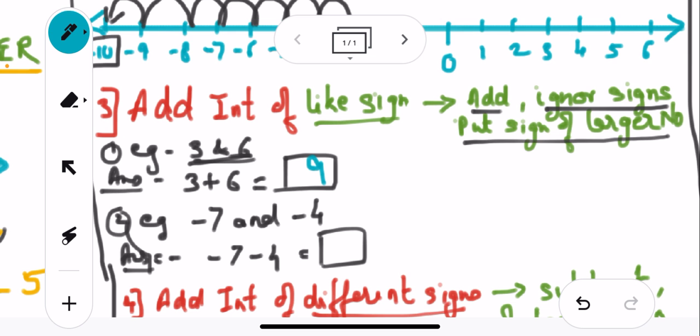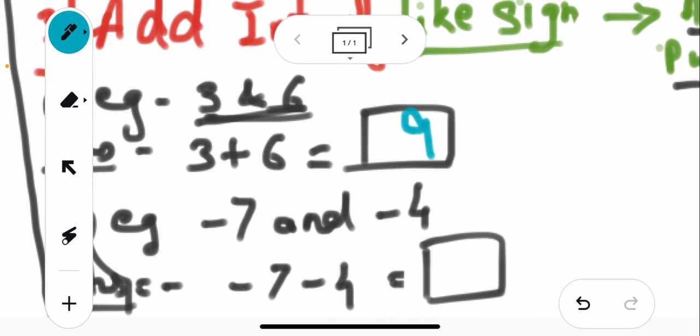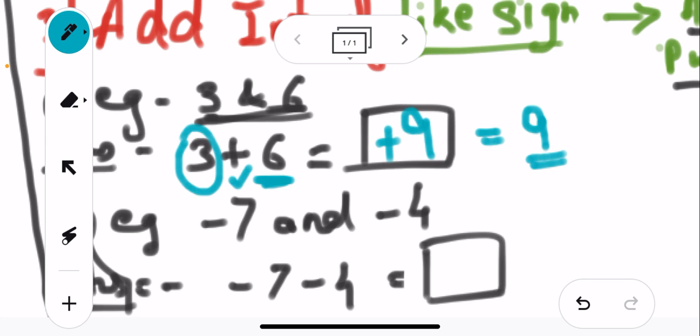Ignore the signs and put the sign of the larger number. Here 6 is greater than 3, and the sign for 6 is positive. So I'll put plus 9. So my answer will be plus 9, which we can write as 9.